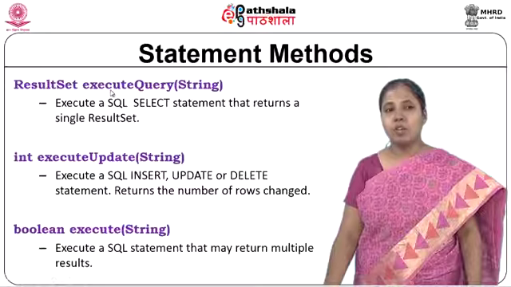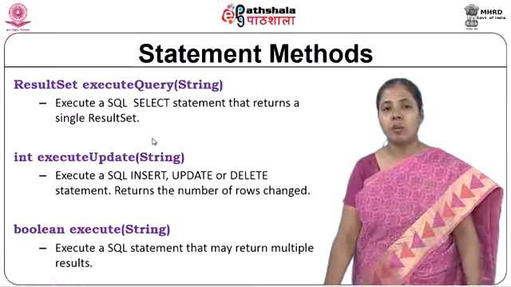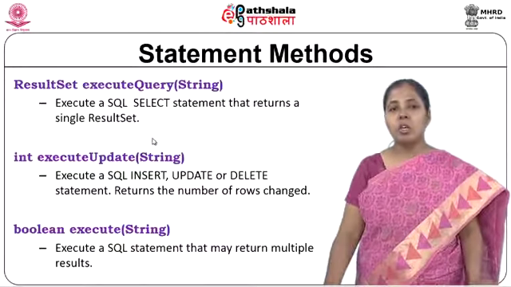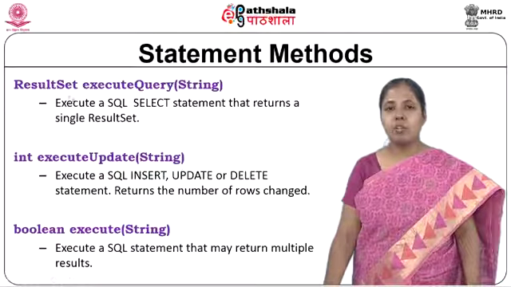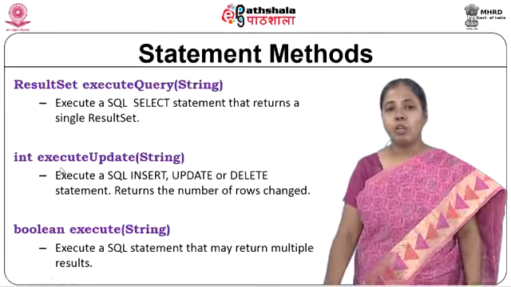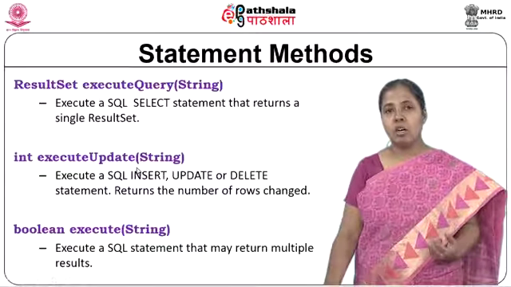If it is a select statement, you make use of the method executeQuery to execute a single SQL select statement, and this returns a single result set. So, the return type of executeQuery is a ResultSet. Then there is a method called executeUpdate.